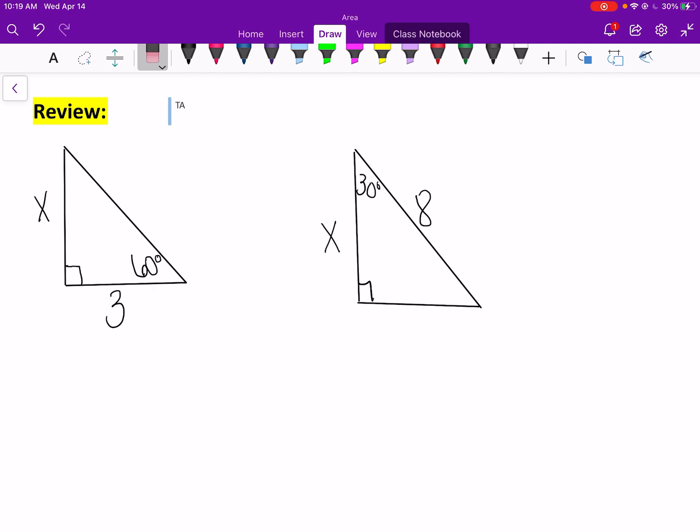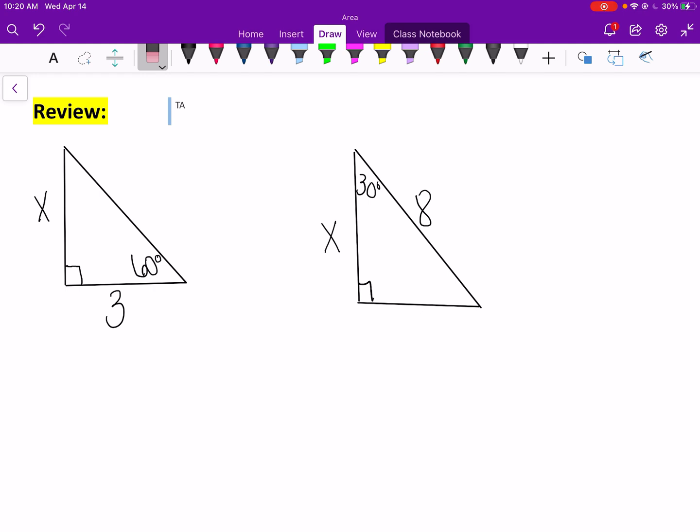So if you look at this first example on the left, this is a 30, 60, 90 triangle. Remember, this is a special right triangle, and there were a few formulas for 30, 60, 90s. If you want to use those to solve, you can, but I think most of you are more comfortable using sine, cosine, and tangent.